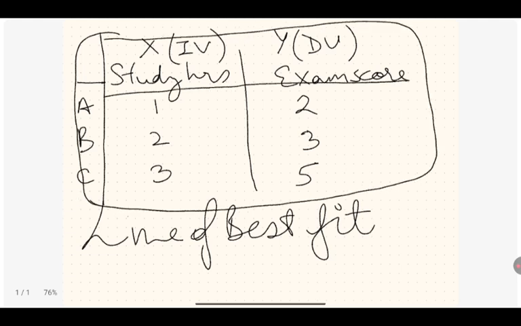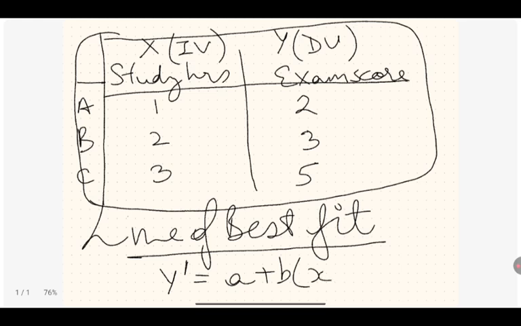We need to find the line of best fit, and according to that line we are going to predict the values using the equation a plus b into x. Here x is the independent variable, y is the predicted value of the dependent variable, that is exam score, a is the intercept, and b is the slope.